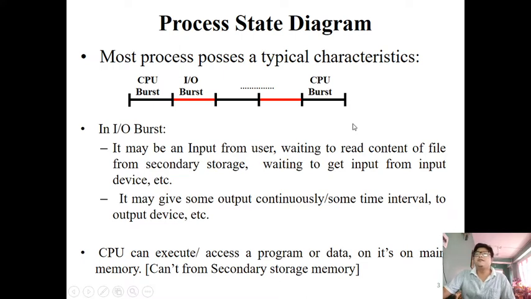You give the execution command dot slash a dot out and the program will be brought into the primary memory. As and when it is allocated in the primary memory, it is not necessary that the CPU will be sitting idle waiting for that process. The CPU may be busy with some other process, so at that point it has to wait for some time. But as and when it gets the CPU, it will start executing.